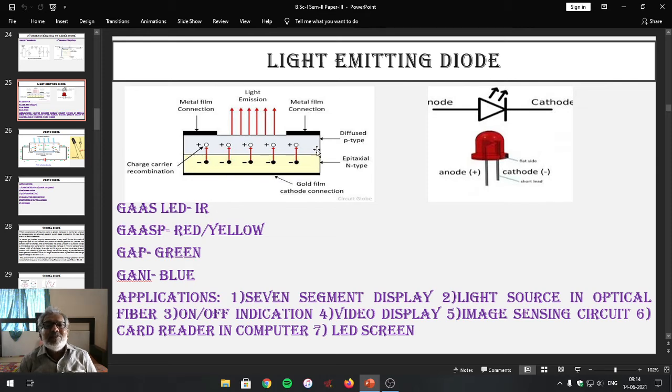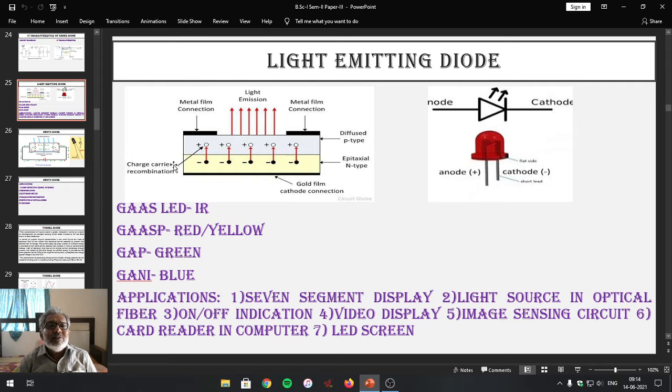These are immobile ions that form the depletion layer, that forms the barrier potential which is very high. That's why, in an unbiased condition, this diode also doesn't conduct and doesn't emit light. But friends, when such a diode is forward biased, it starts emitting light radiations.